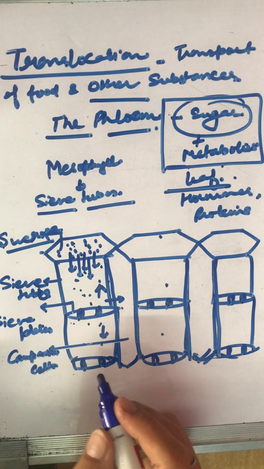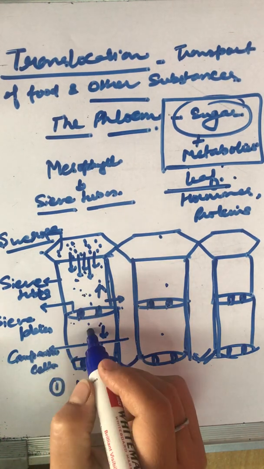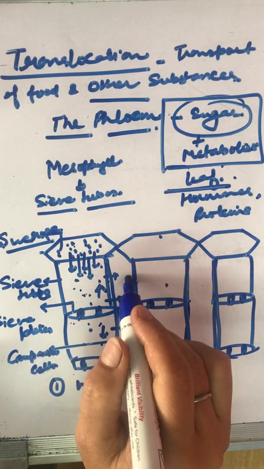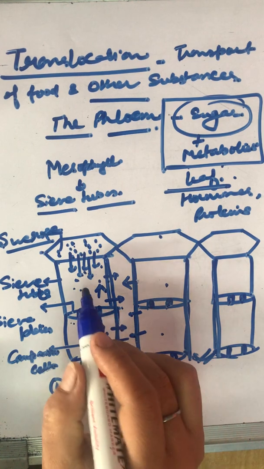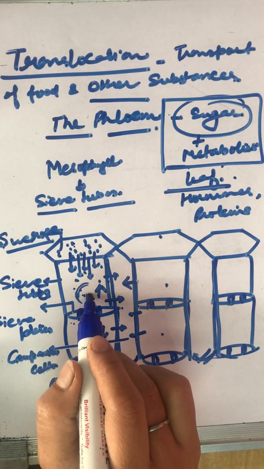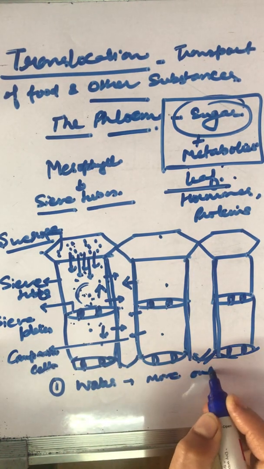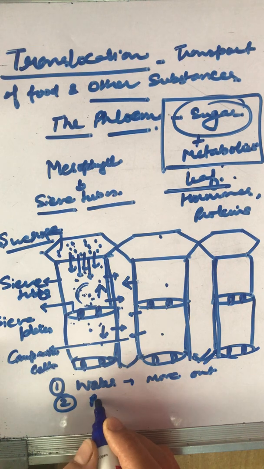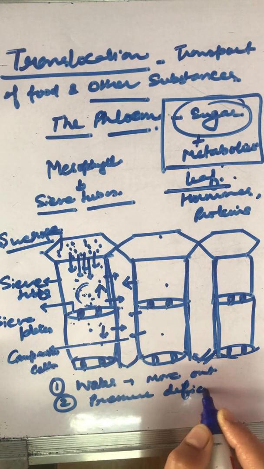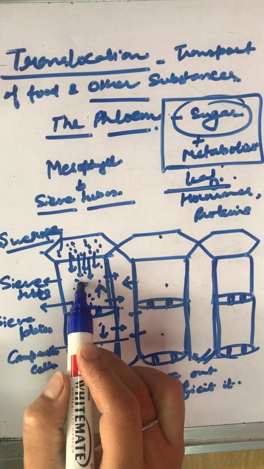No. First of all, what happens? The entire amount of water which is there in the nearby cell has to be pushed to the adjoining cell. Why so? So that space can be created for the movement of any other metabolite. So water moves out and creates a pressure deficit area here, meaning a low pressure area is created.